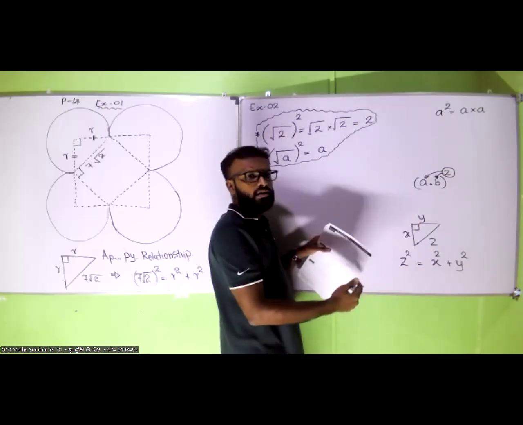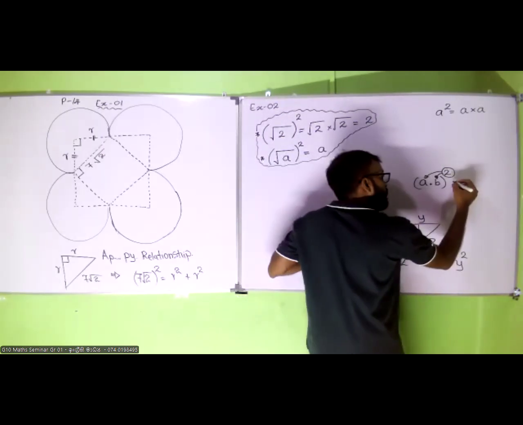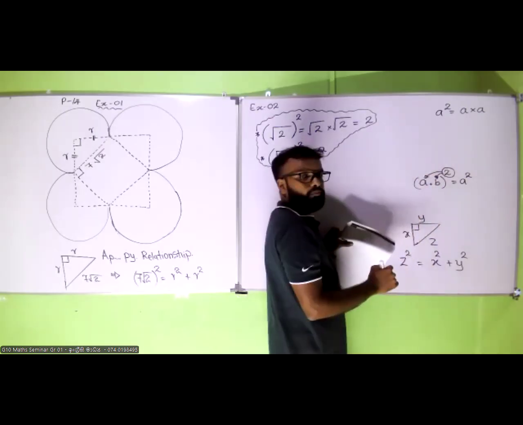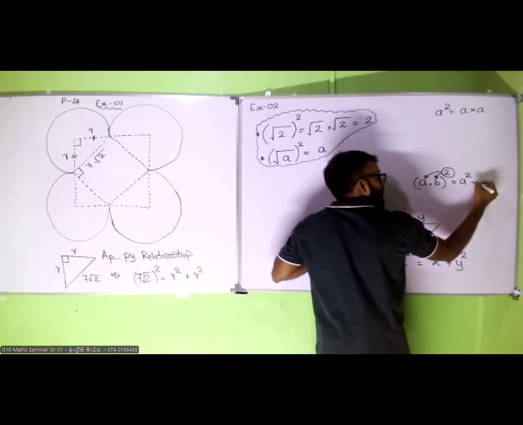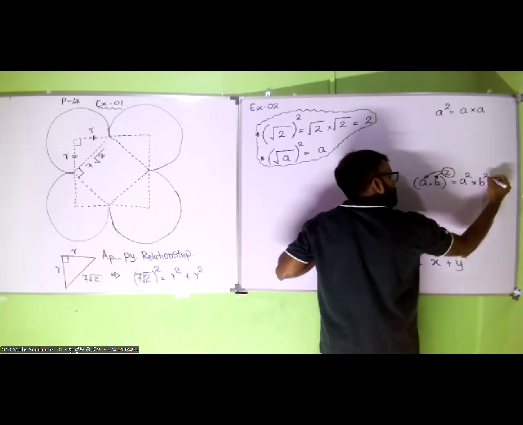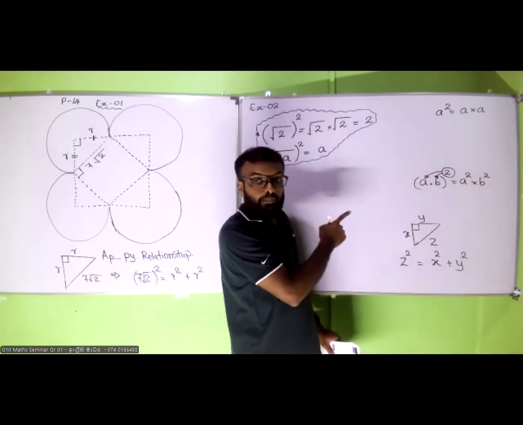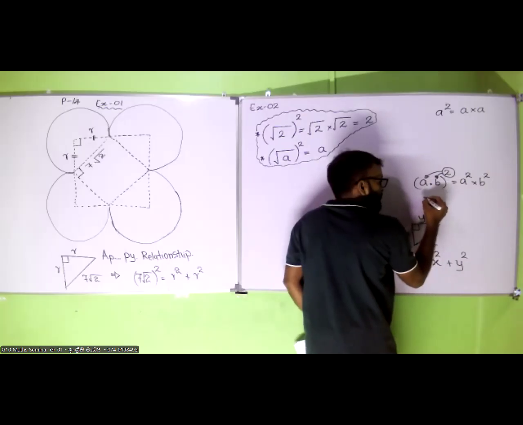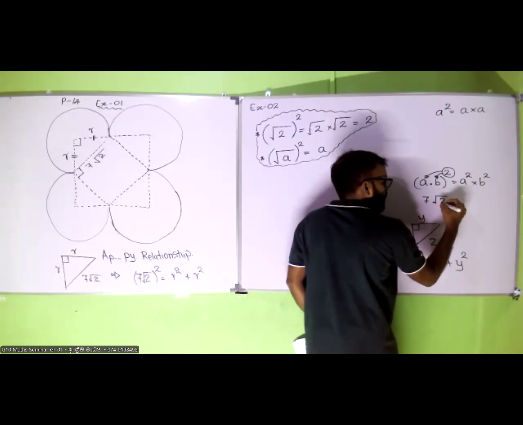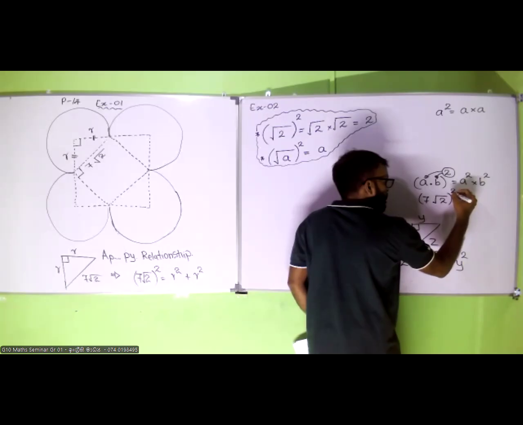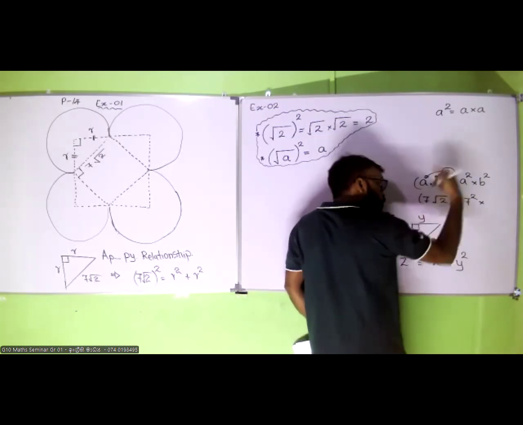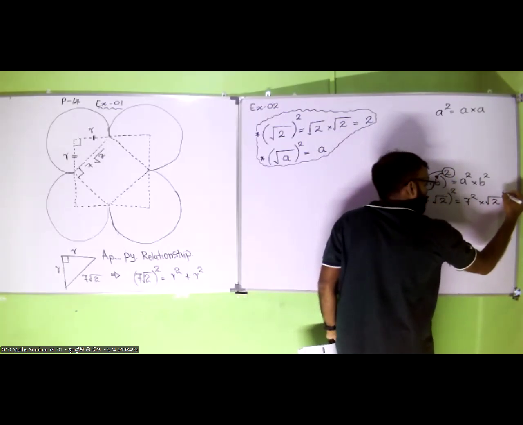So how are we going to expand it? We are going to do a to the power 2 multiplied by b to the power 2. By using the same method, I can expand this one. 7 square root 2: if I take a as 7 and b as square root 2, I can do the same. 7 to the power 2 multiplied by square root 2 to the power 2.